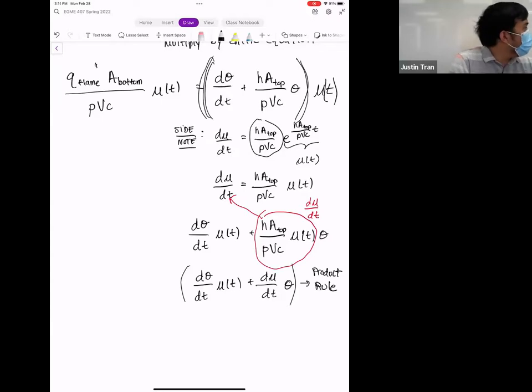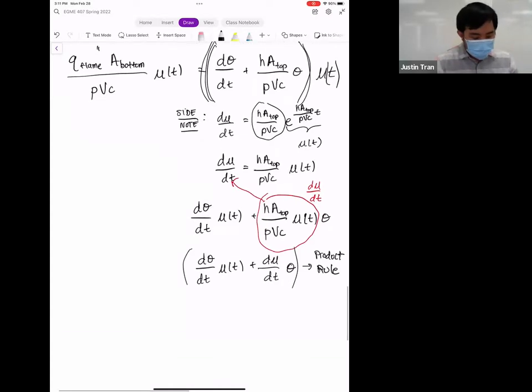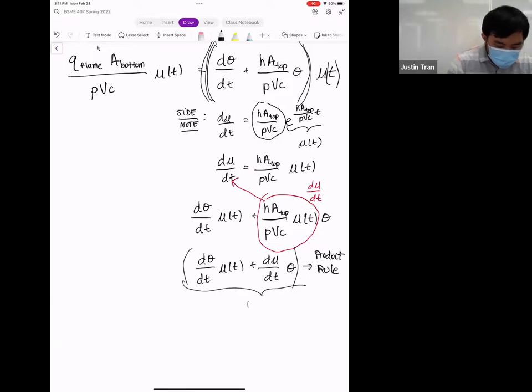And so this form, where you have two terms multiplied by each other, where one term has the derivative and the other term has the derivative of the other term, looks like a product rule, right? If you take the derivative of two functions multiplied by each other, we take the derivative of the first function multiplied by the second one, then add the derivative of the second function multiplied by the first one. And so this allows us to do a reverse product.